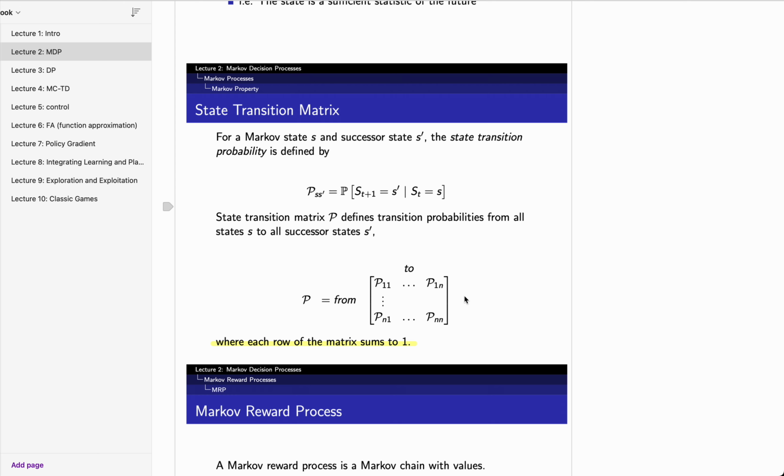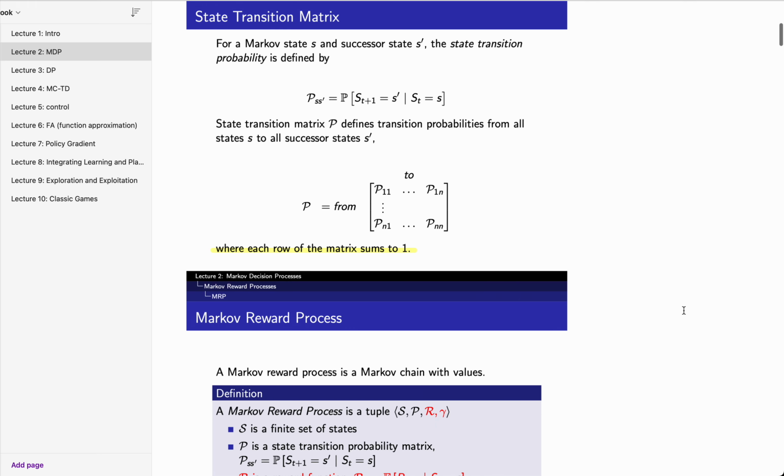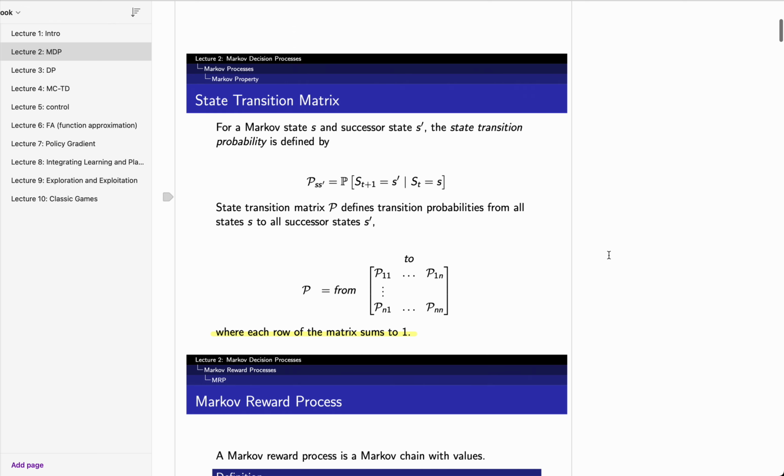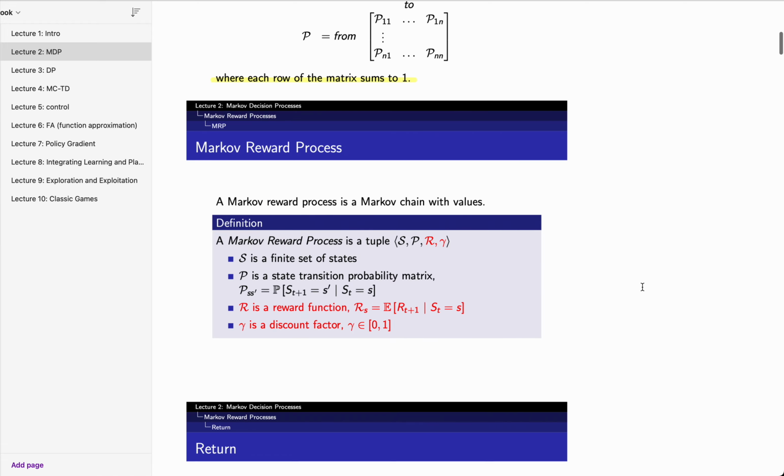I always know the probability of moving to the next corresponding states. I can put them in a matrix where each row sums to 1. So if I'm in a maze, I have all the information. I know all the probabilities of moving in all the directions, which would be one of the rows here. So if I know P, I know the environment.